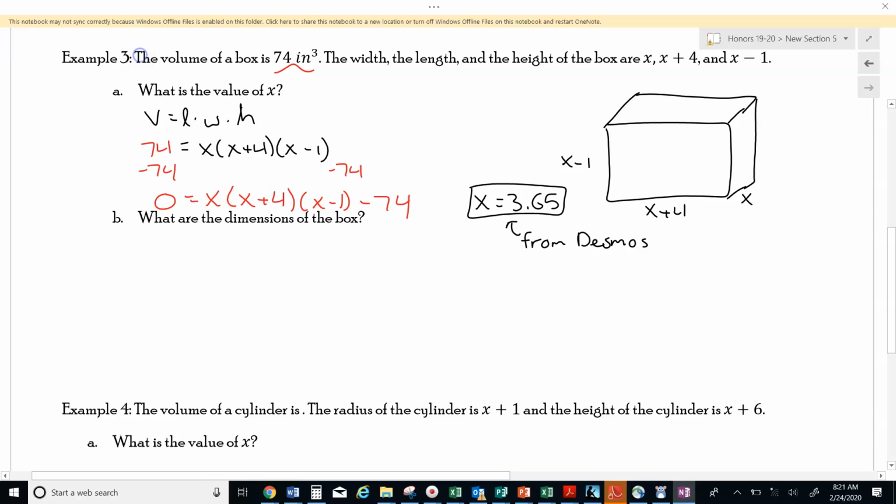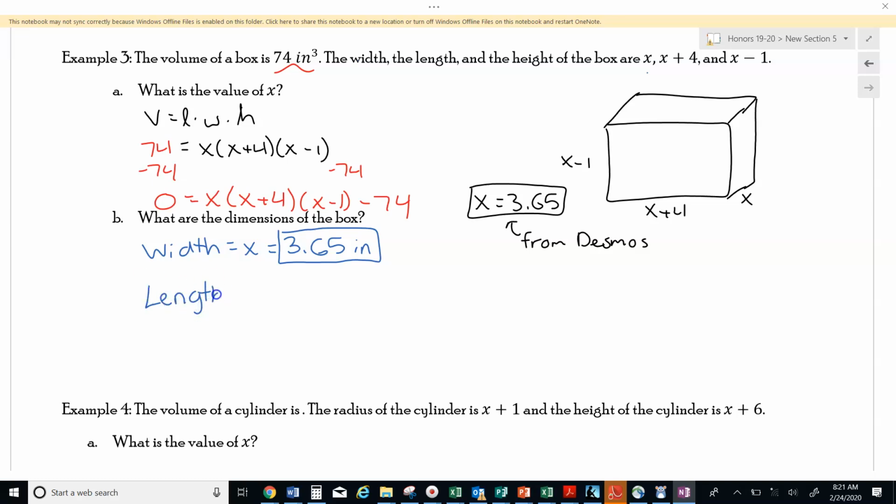Now I need to find the rest of my dimensions of the box. So the width of the box is x, and x is just 3.65. So that's easy enough. The length equals x plus 4, which equals 3.65 plus 4.